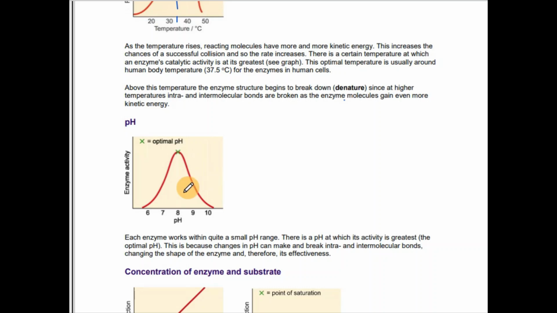If you have a highly acidic pH, then you are going to confer a positive charge on the enzyme. If you have a highly alkaline or basic pH, you are going to confer a negative charge on the enzyme. But if you have an optimum pH of around 7, then the enzyme will have both charges.